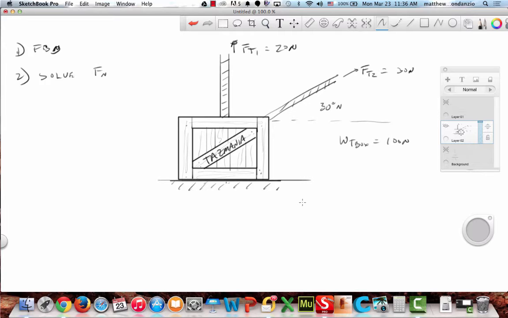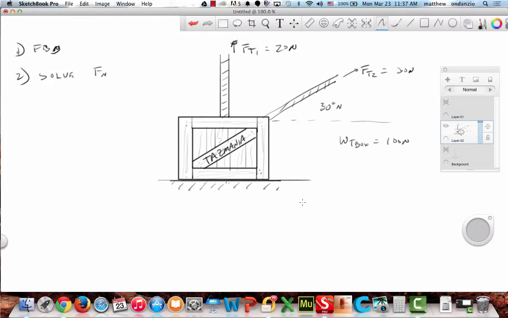Draw the free body diagram. There is gravity because I said the weight is 100 newtons. You're saying, Mr. A, you didn't draw gravity this time. I didn't. You have to determine that. That's the idea. In the free body diagram, you have to put that down, depending on the information. Weight of box is 100.